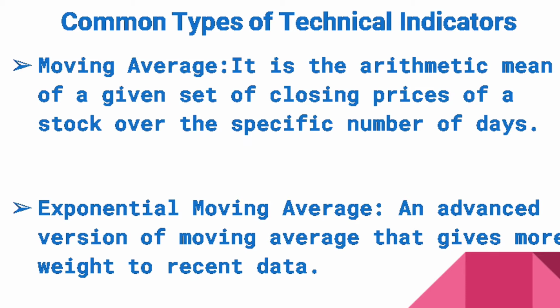The average is updated by avoiding the old data and adding the recent data. This facilitates the average to proceed with the timeline and improves its reliability while defining the trend and price direction.